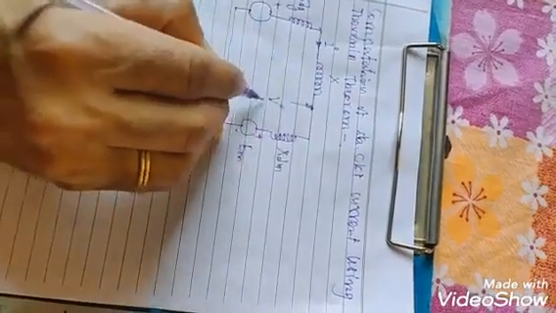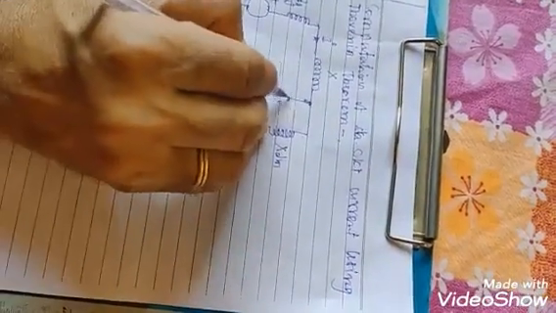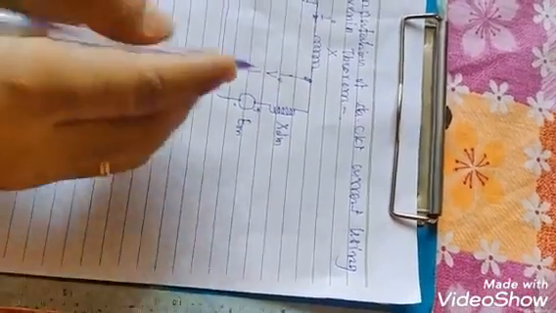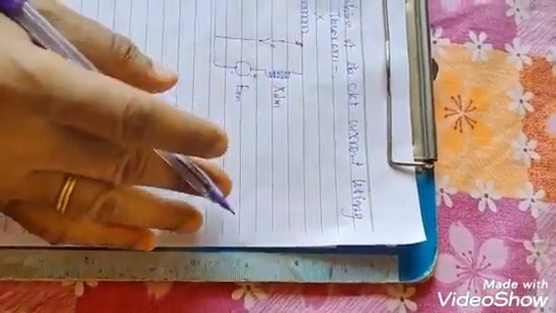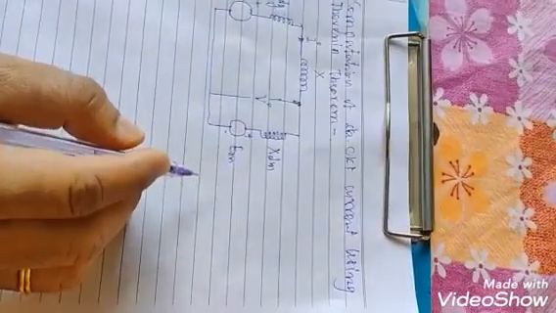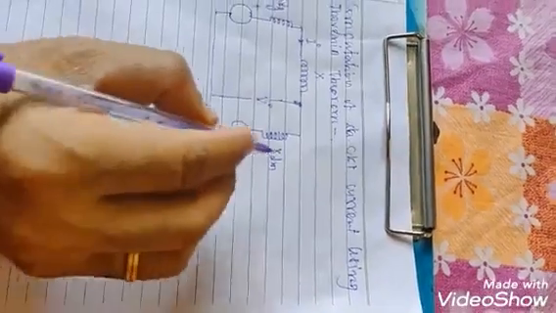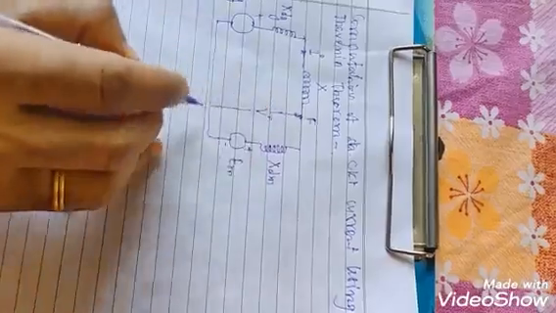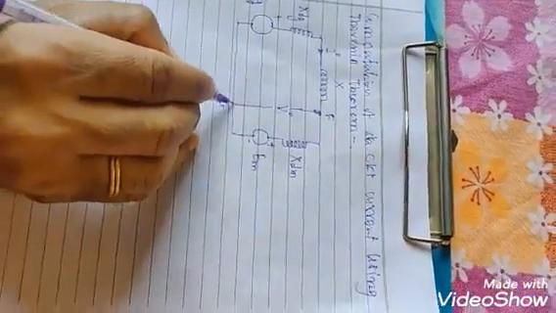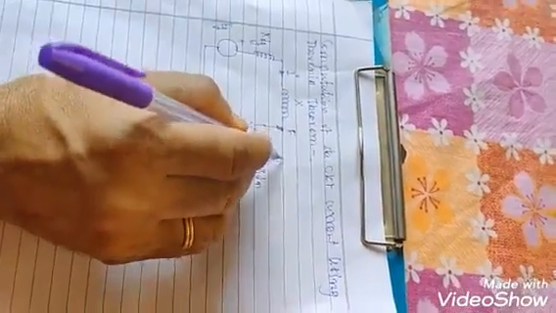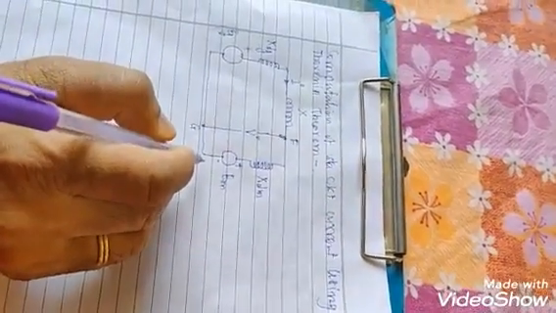So this is normal voltage and normal current, you can say pre-fault voltage and pre-fault current. Suppose a fault occurred at point F. This is point F, this is point G. Fault at point F at the terminal of the synchronous motor.